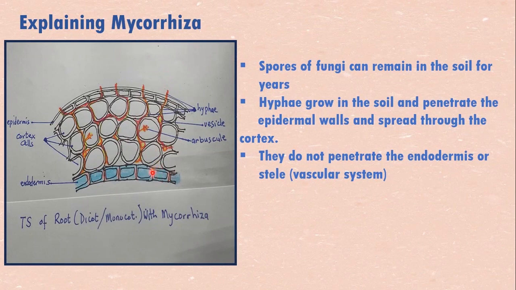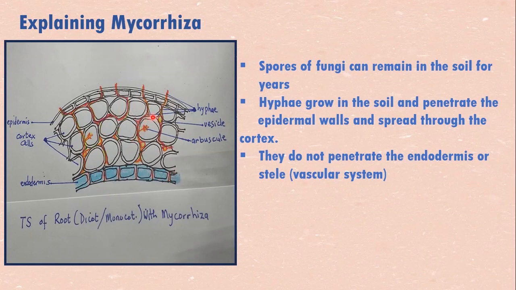You know, the endodermis has the Casparian strip we discussed in plant tissues. So the endodermis is very solid and protected. It doesn't allow anything that the plant doesn't need to go in. So the hyphae do not get through the endodermis. But in the cortex, the hyphae form extensive structures for the plant, and so increase the surface area that the plant can absorb water.